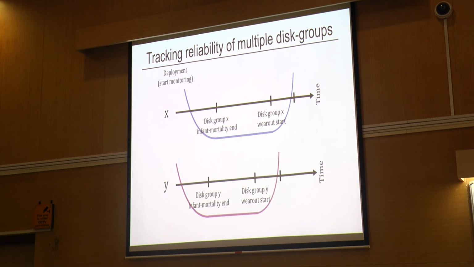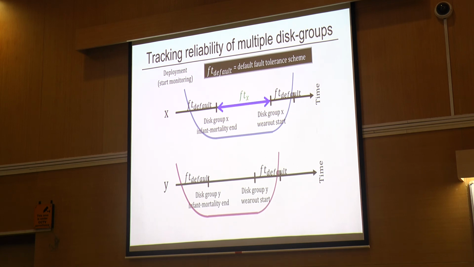So one needs to keep track of them. And during the infancy and the wear-out stages, we propose to use the default approach, and then tailor the redundancy specifically to the failure rate of that group during the useful life period.